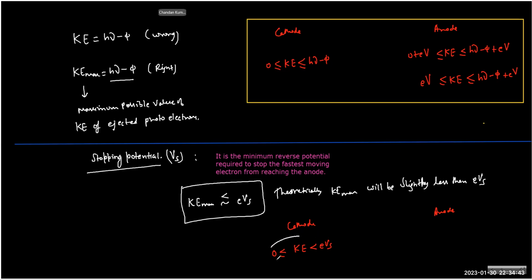This is something very big. This part here and this part here have a difference, and most students fail to understand why we are writing this. Similarly, if I write eVs, the kinetic energy will be less than it, it cannot be equal to.